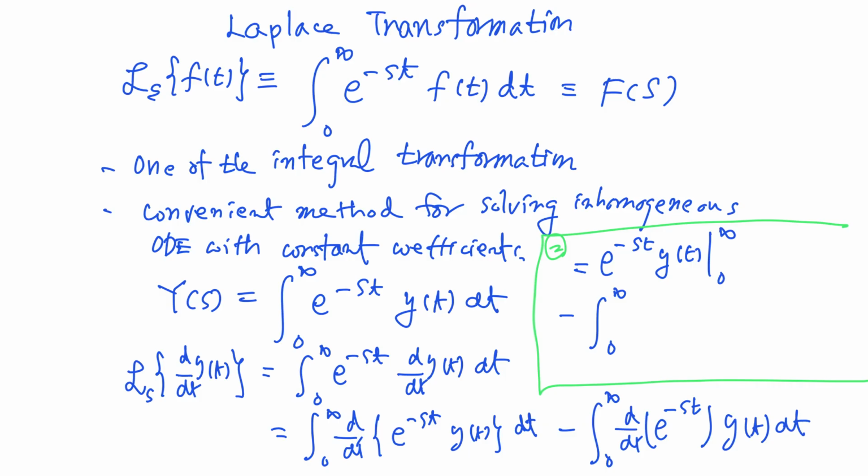You have minus s, right? So you have minus s e^(-st) y(t) dt, which is s Y(s) minus y(0).